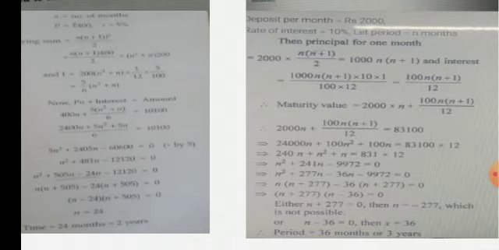If we directly go to the maturity value formula, the sums become much easier. Now here the problem lies in solving the quadratic equation. If you see the final, you get a quadratic equation, 5n square plus 2405n minus 60600 is equal to 0, and then you divide by 5 and you get it. Solving big numbers in a quadratic equation sometimes becomes a problem.